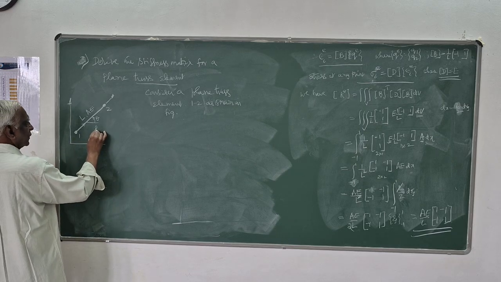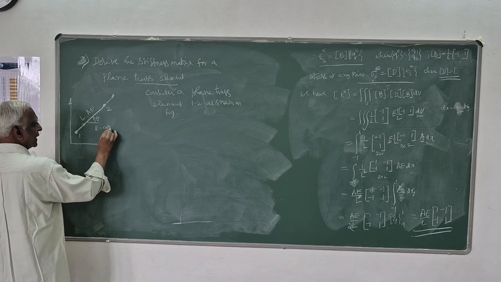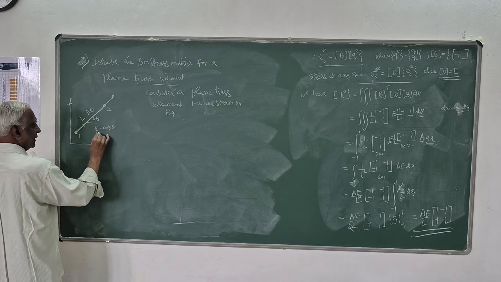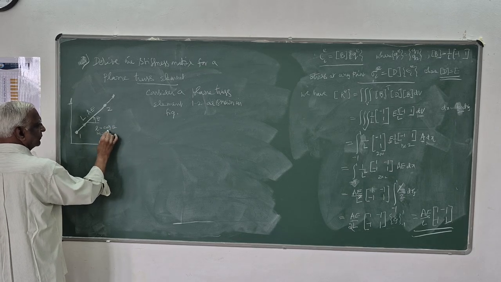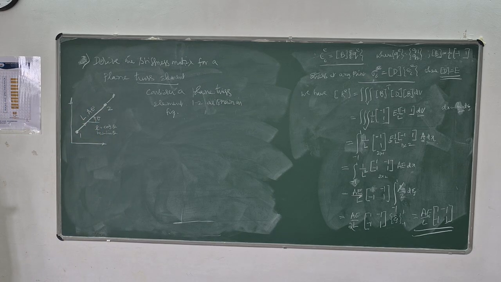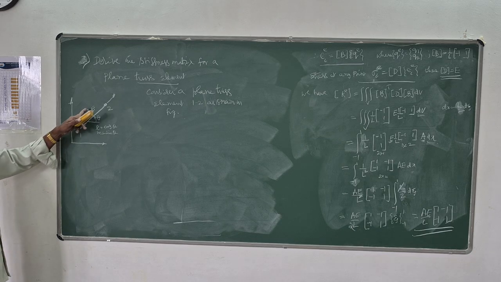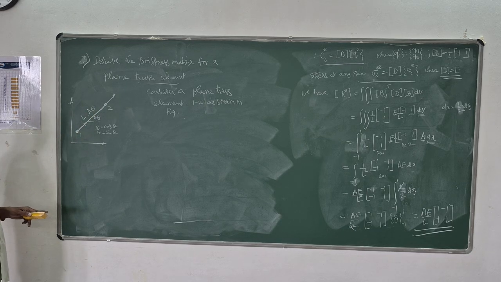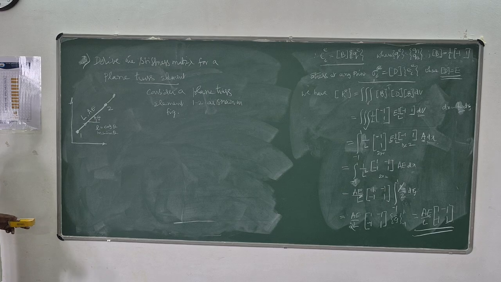Then the direction cosines of this plane truss element you can write as l is equal to cos theta, m is equal to sin theta. Length is L, A is the axial rigidity.